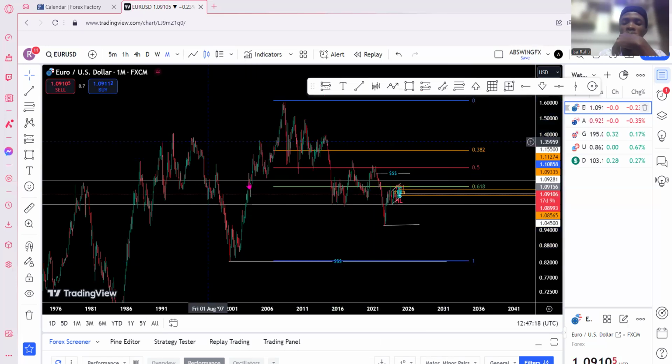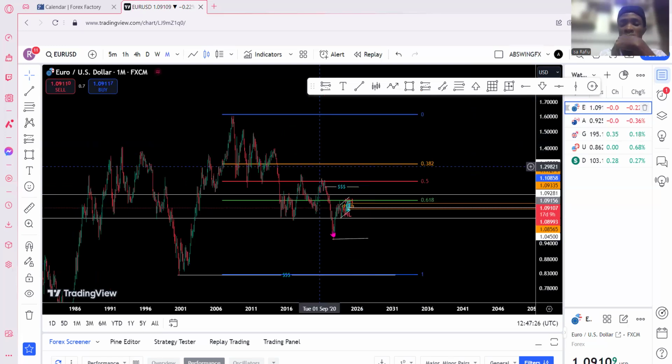Good. You can see we are at 618, and sometimes if price flashes more down to maybe 718, it is very good, which is a full pullback. And that will lead to a massive buy.